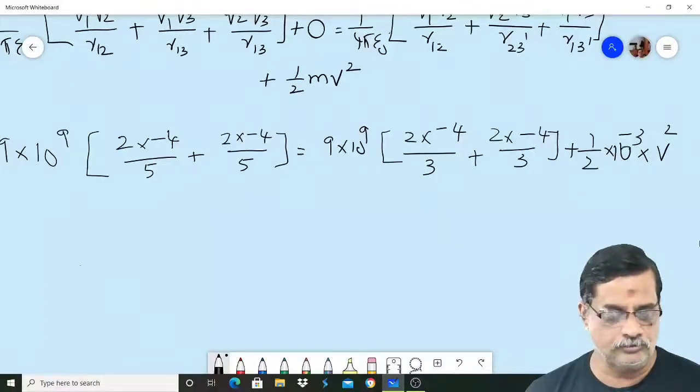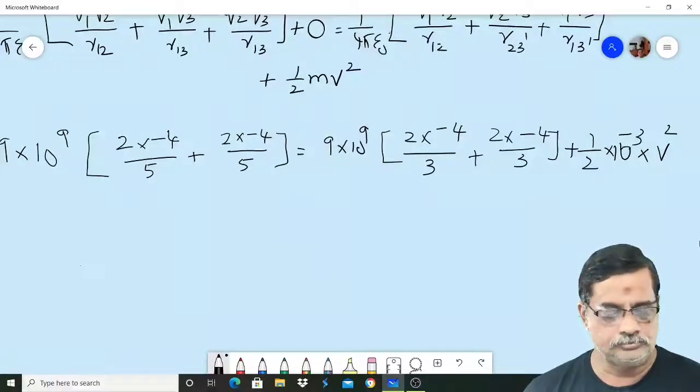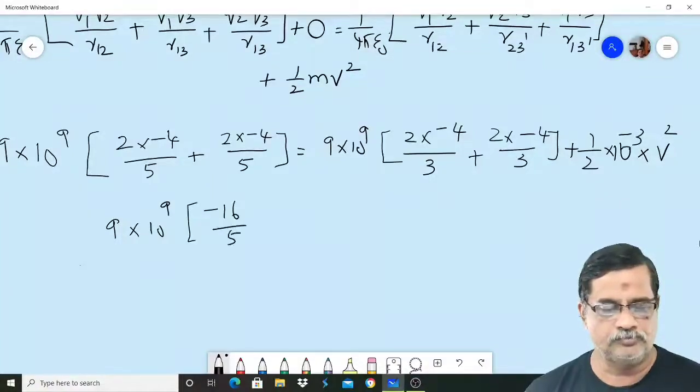Upon simplification, this is equal to 9 into 10 raised to 9 into, on the left hand side, minus 16 by 5. This is 2 into minus 8 by 5, which is minus 16 by 5.